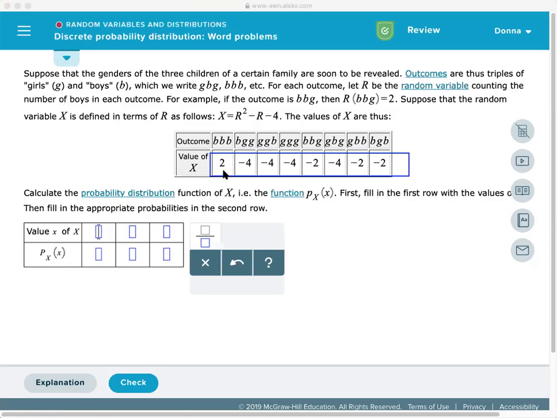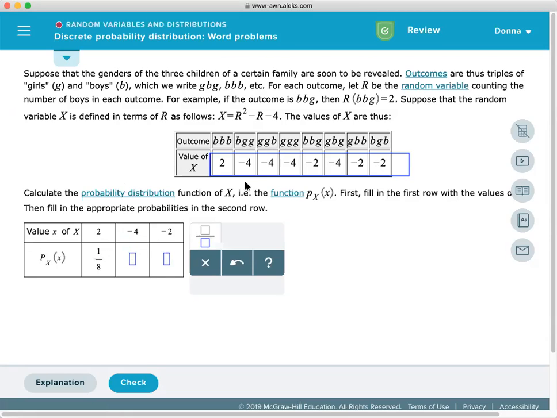I think that's it. 2, negative 4, and negative 2. The 2 occurs one time out of the 8 possibilities.